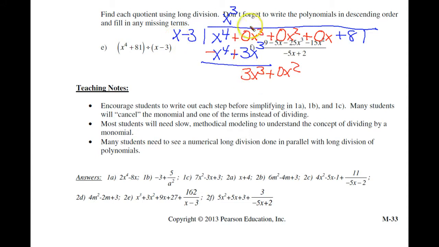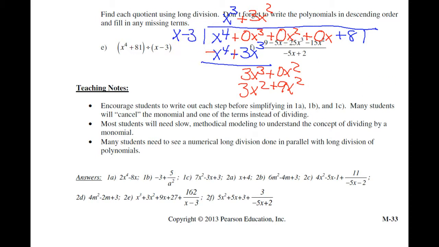Now x will go into there plus 3x squared times. So x times this is 3x squared. 3 times this is plus 9x squared. Oh, how about a negative?